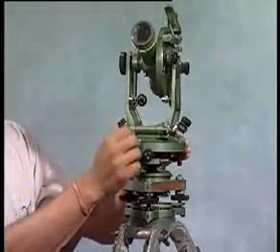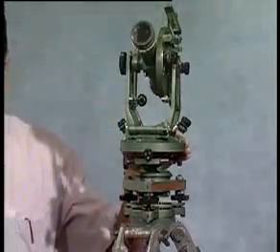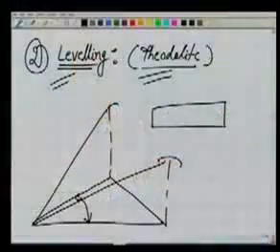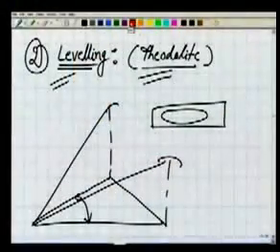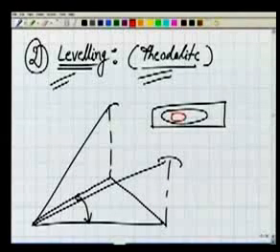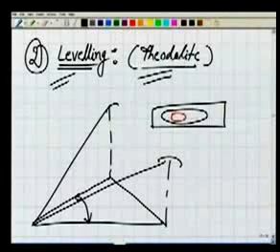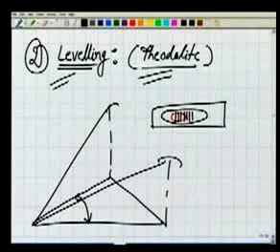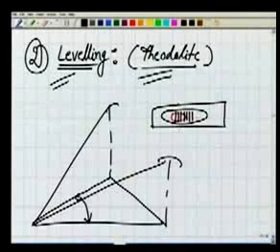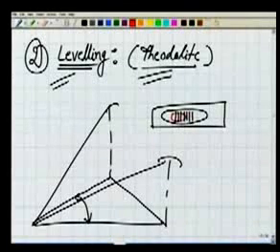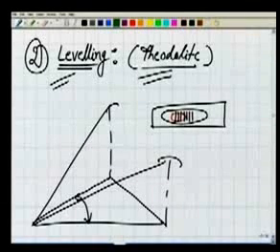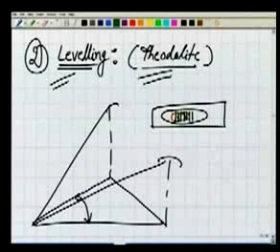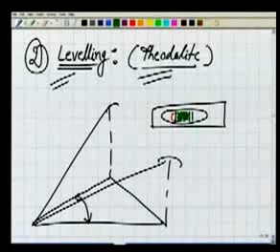Now in this bubble tube there is a bubble, as we have seen in the diagram also. If I look at that from the top, it may look like that's the bubble. Now there are some graduations also. Basically this bubble needs to come to the center. If it is leveled, it should be here in the center, this way.